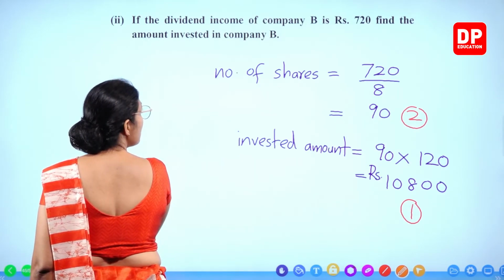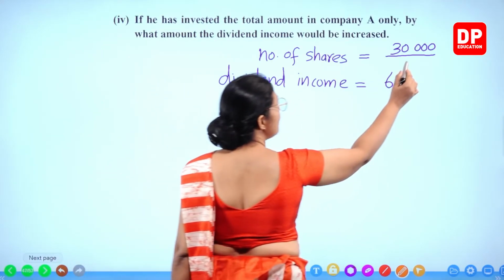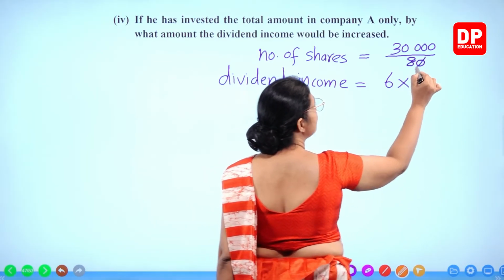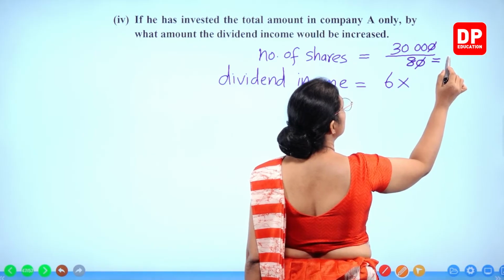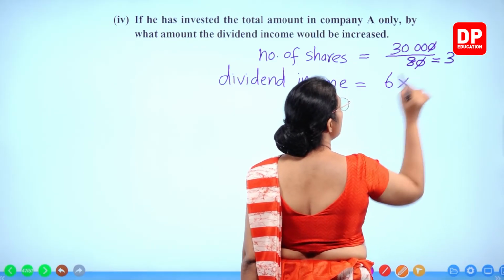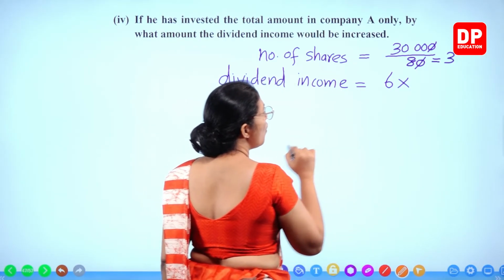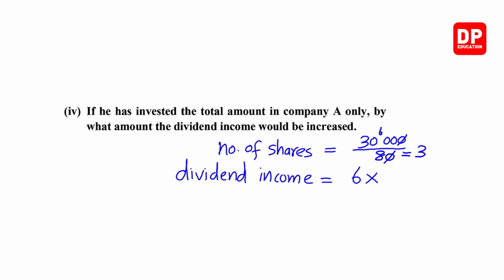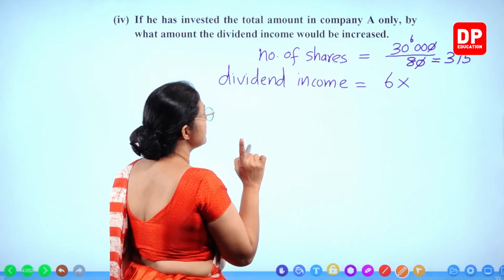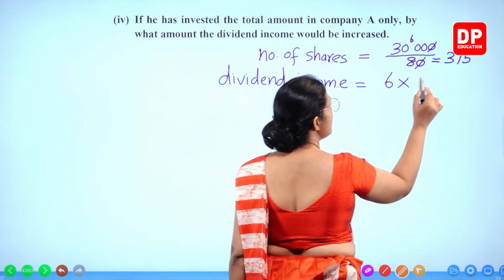So you have to divide by 80 and find out the number of shares. 375 shares are there.